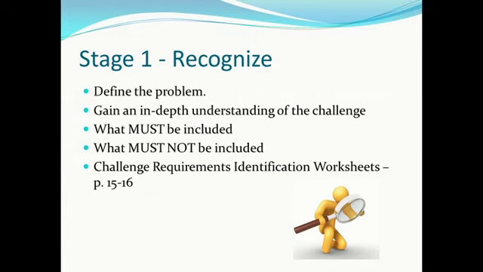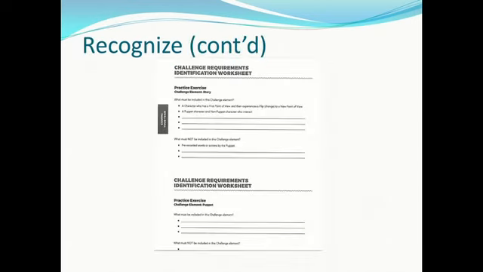Okay, stage 1 is recognize. This is where the problem is defined and the team gains an in-depth knowledge of the challenge, what they must do and what they must not do. Something that will be helpful in this stage are the challenge requirements identification worksheets that you'll find on pages 15 and 16 in the roadmap.